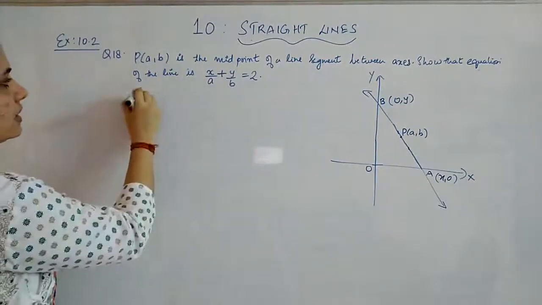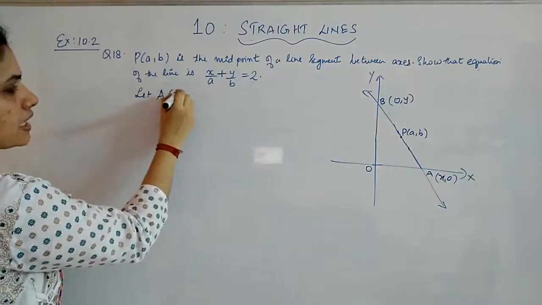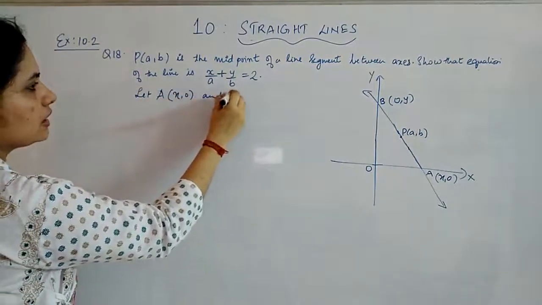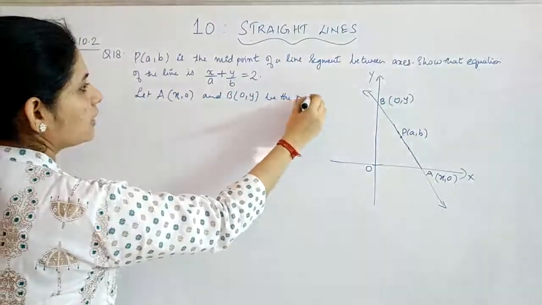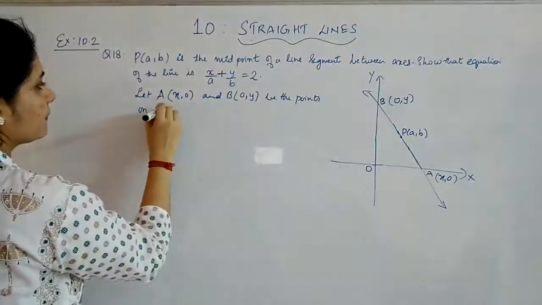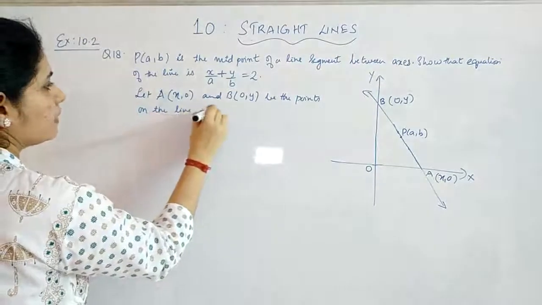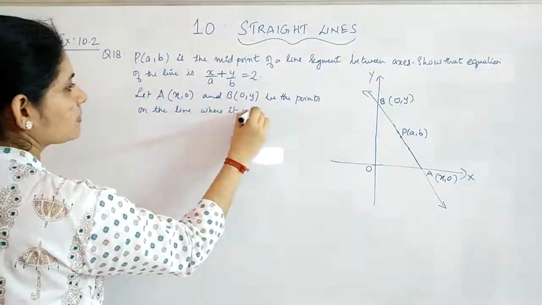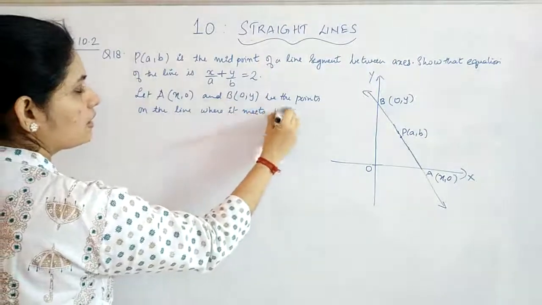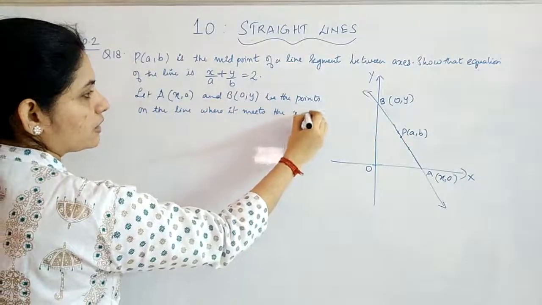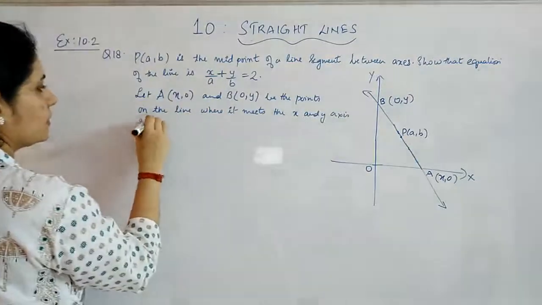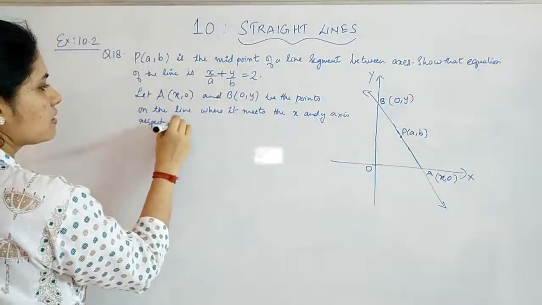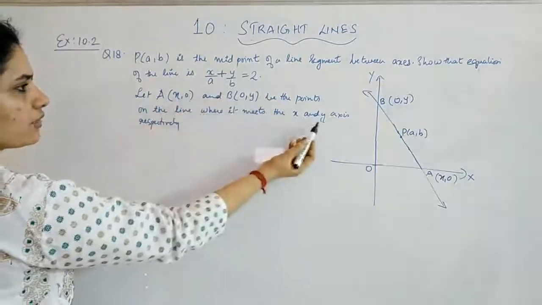So let A, which is (x, 0), and B, (0, y), be the points where the line meets the x and y axes respectively. That means for the x-axis this is the point, and for the y-axis this is the point.